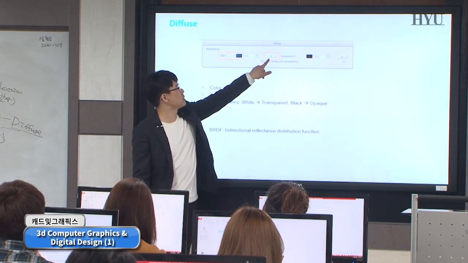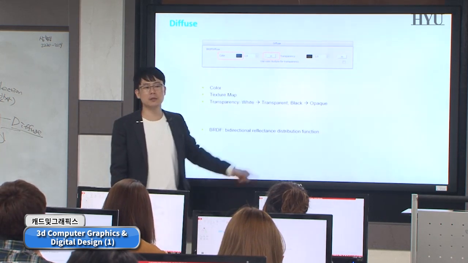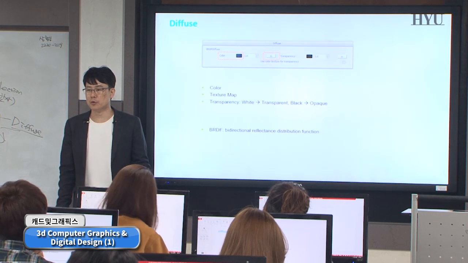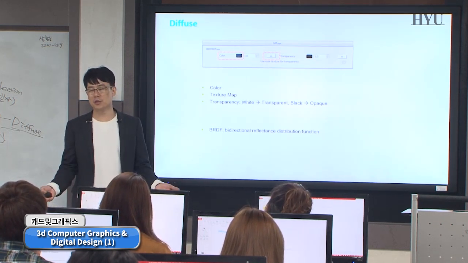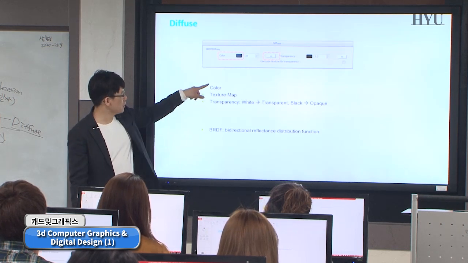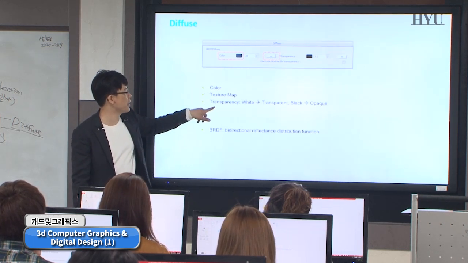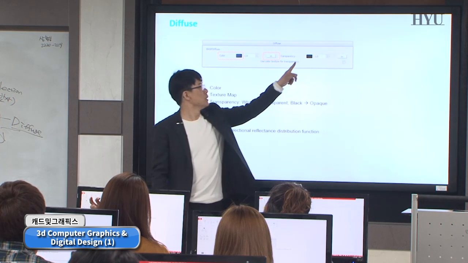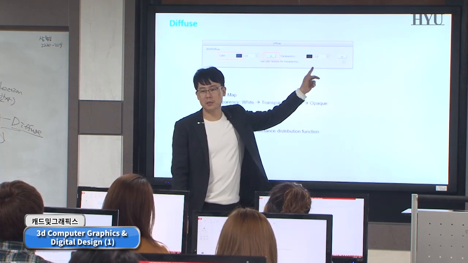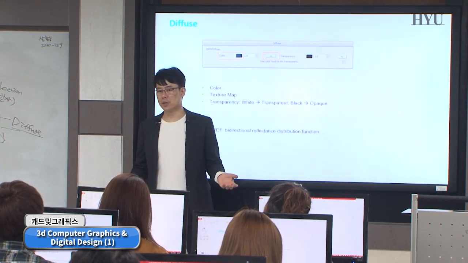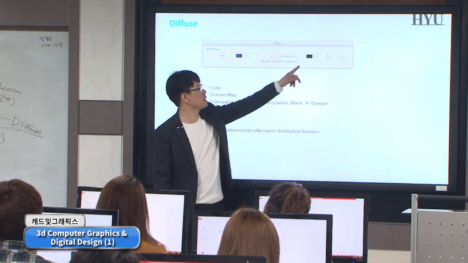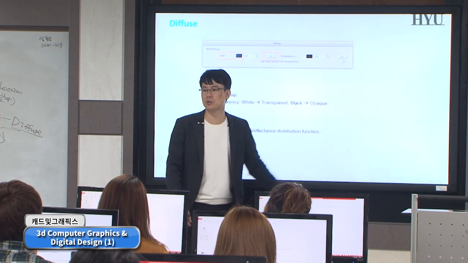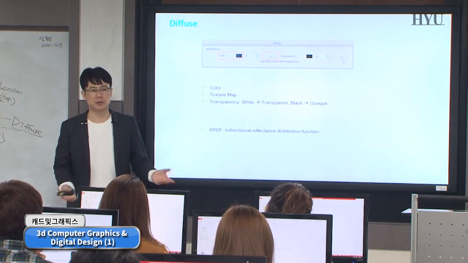If you click this texture map button and load a texture map using your picture, the surface of the object is going to change. There is also transparency. Default is black, which means it's not transparent, totally opaque. But if you change the color to white, it is going to be transparent.